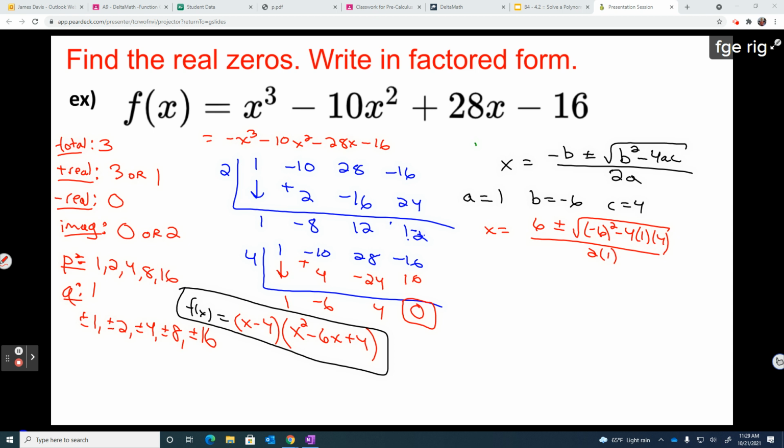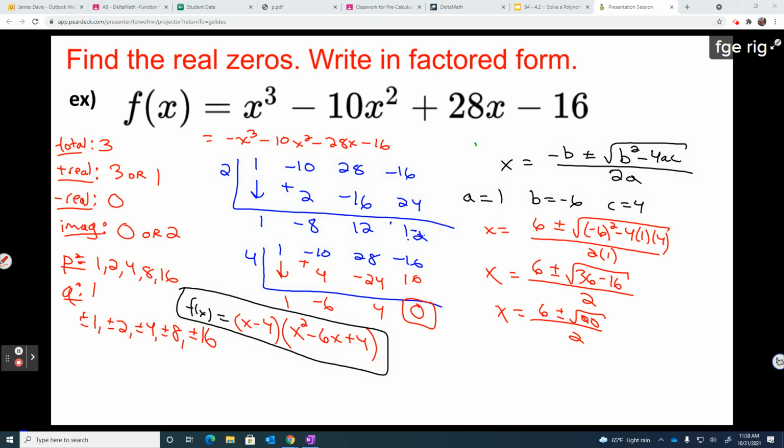I want to try to simplify that as much as we can. We'll get 6 plus or minus square root of 36, because negative 6 squared is positive, 36 minus 16. 36 minus 16 would be what? So x equals 6 plus or minus the square root of 20 over 2.